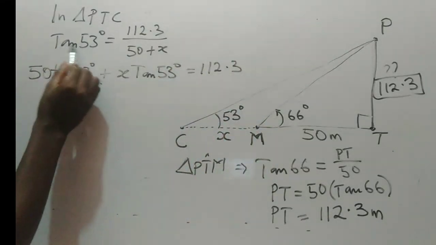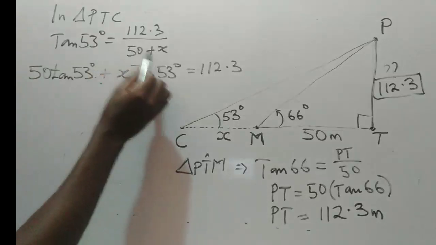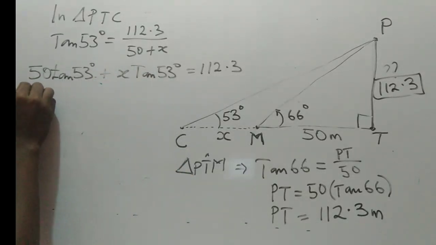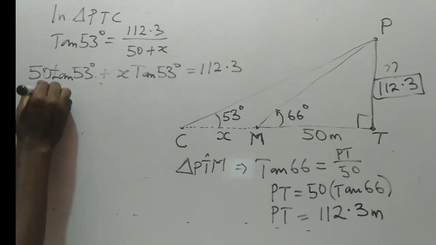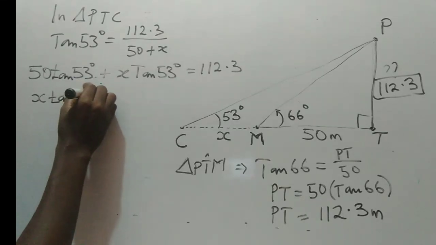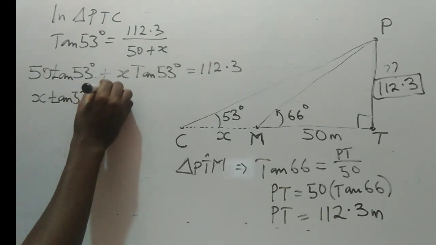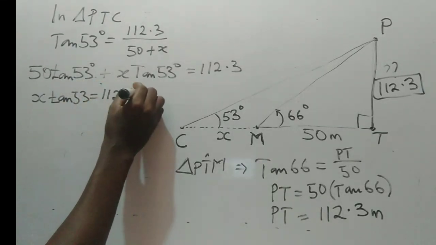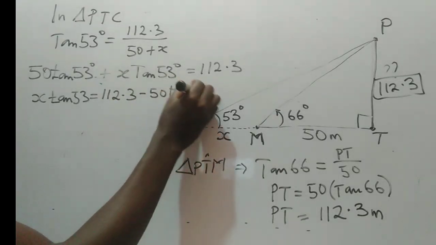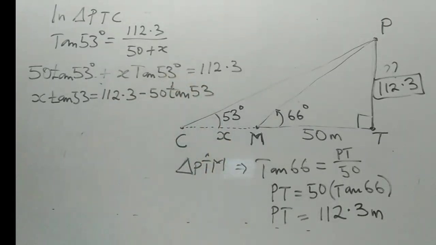So I'm using this tan 53 to multiply this. And then if I collect like terms, I'm going to have that x tan 53 will be equal to 112.3 minus 50 tan 53. So that's what I'm going to have.